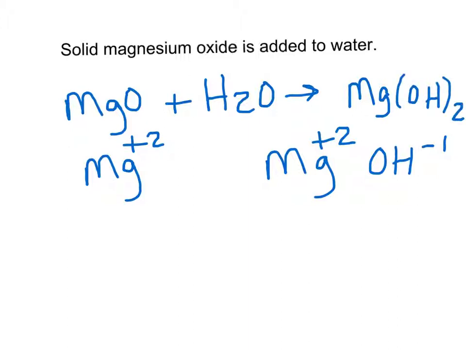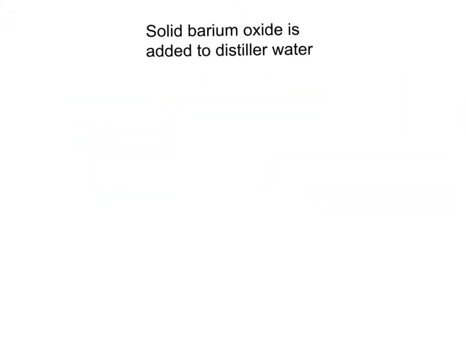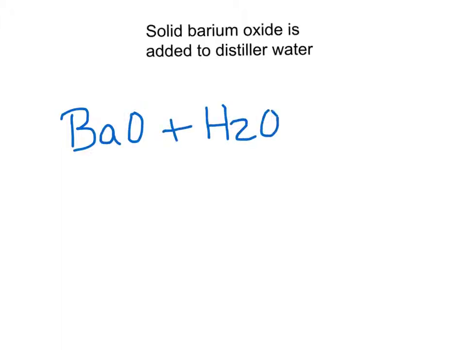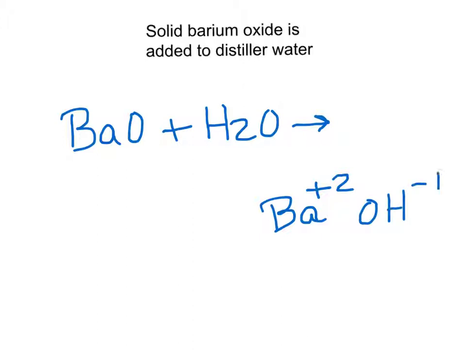And then if you needed to, you would go back and balance. This one happens to balance on its own. Solid barium oxide is added to distilled water. So your metal ion is barium +2, and you'll put it with hydroxide -1. And so your formula is barium hydroxide, and this one happens to balance on its own also.